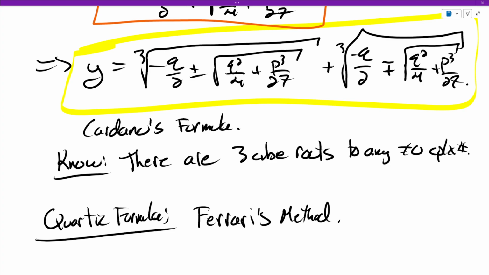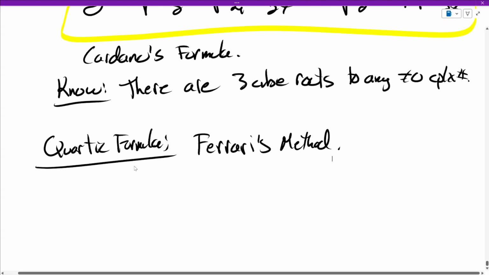In that formula, what you do is you try to write your quartic as a difference of a square of a linear term minus a quadratic term. And you use a tour de force to find out how to do that using Cardano's formula. And then once it's a difference of a square of a linear term minus a quadratic term, you square root both sides and use the quadratic formula. It's really very long and tedious, but there's a formula that exists.